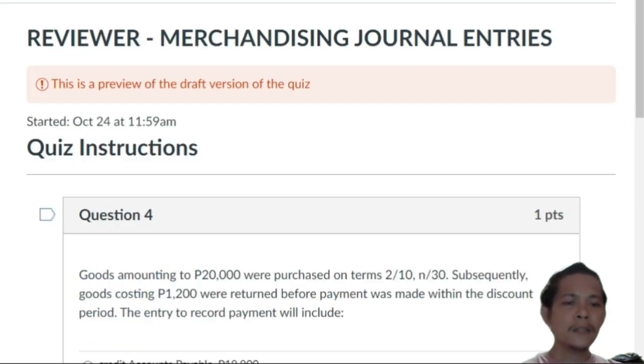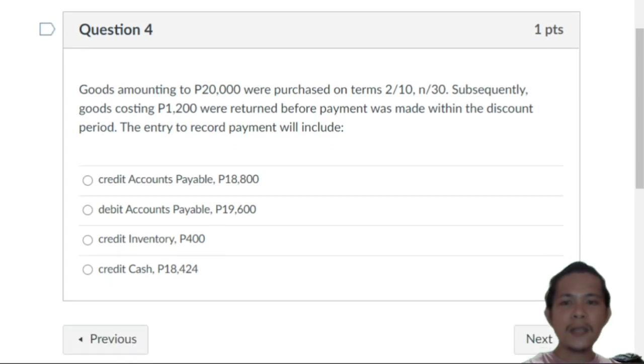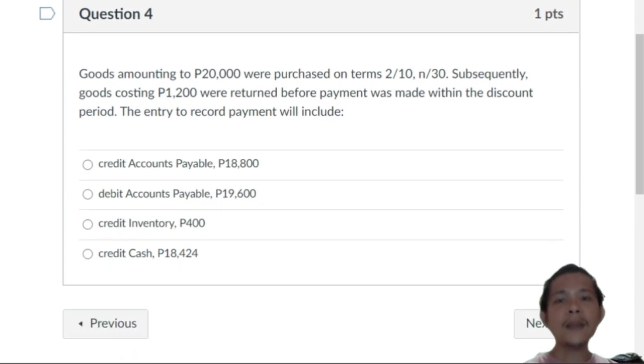Now, proceed tayo sa question number 4. Goods amounting to 20,000 were purchased. Binili, ano? On terms 2/10, n/30. Subsequently, ibig sabihin, yung sumunod, goods costing 1,200 were returned before payment was made within the discount period.